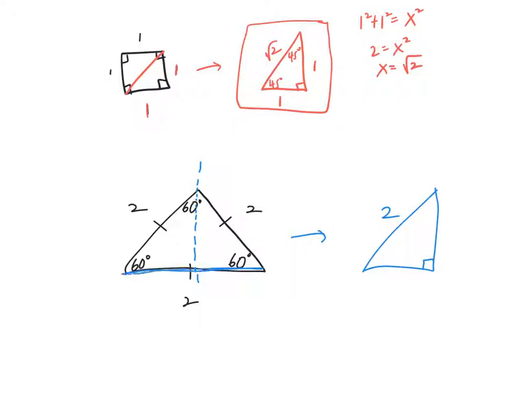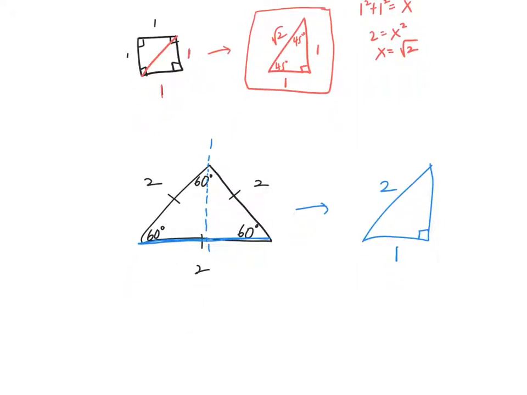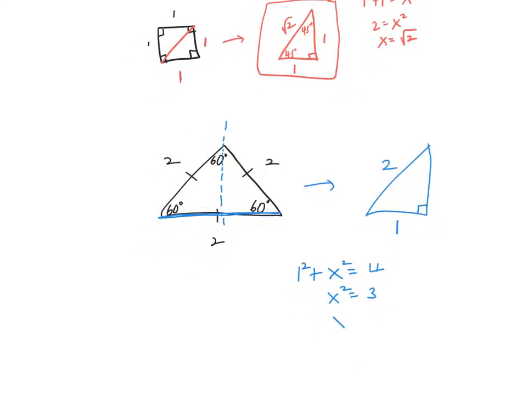Since I split it in half, that's going to be 1 unit down here. Again, if I were to use Pythagorean theorem, 1 squared plus x squared equals 2 squared, I would end up with that length equaling root 3. So I get a 1, 2, root 3 triangle. Notice this corner was 60 degrees. Therefore, this 60 degrees cut in half would be 30 degrees. So I get a 30, 60, 90 right triangle.